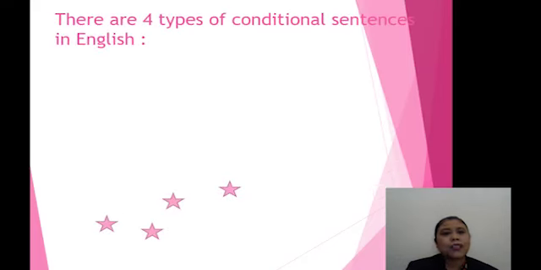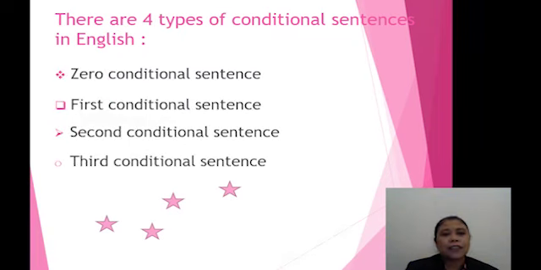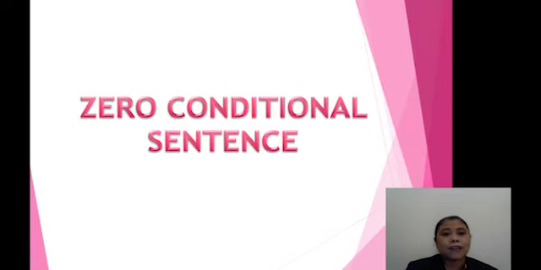Okay, let's go to the types of conditional sentences. There are 4 types of conditional sentences in English: zero conditional sentence, first conditional sentence, second conditional sentence, and third conditional sentence. Now, let's talk. The first one is zero conditional sentence.